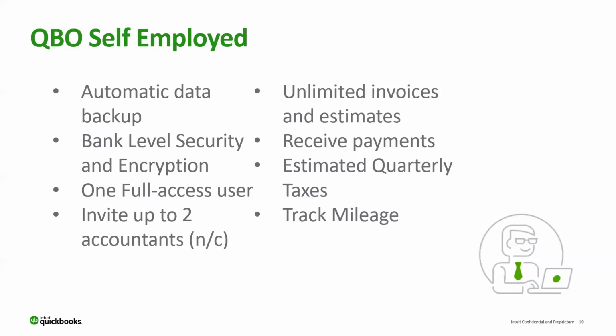It does have a feature where it calculates your estimated quarterly tax payments. But what I tell people is that number is just a ballpark number, because your taxes and what you owe every year is dependent upon your entire financial position. That number is just a piece of it. So don't take that number as gold. It puts you in the ballpark.